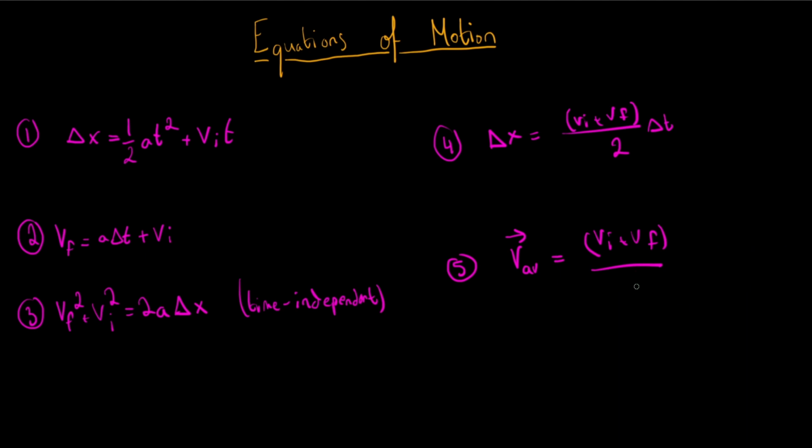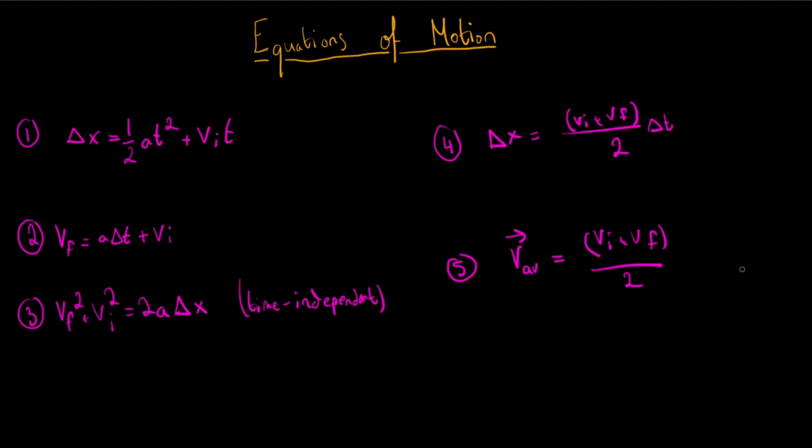If we want to find the average velocity between two points and delta t is given, for example in a graph, then we use delta x over delta t. So don't confuse these two formulas. This one is for when delta t is not given. So no delta t, we use this.